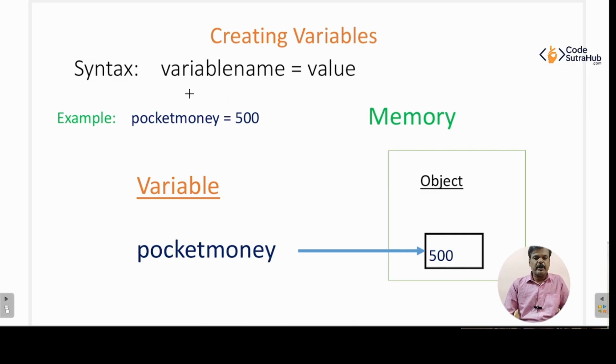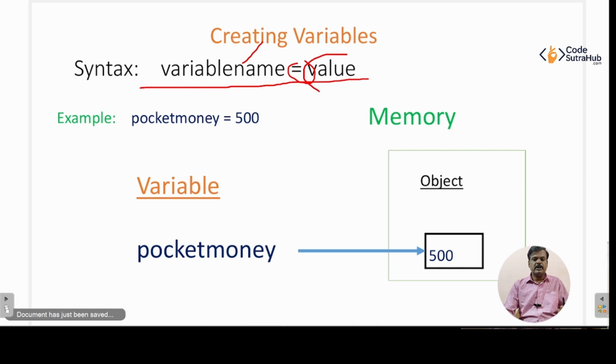How to create a variable in Python? To create a variable in Python, we use the syntax: variable name equal to value. On the left side of the equal symbol, we give the name of the variable, and on the right side, we give the value of the variable. For example, pocket money equal to 500.